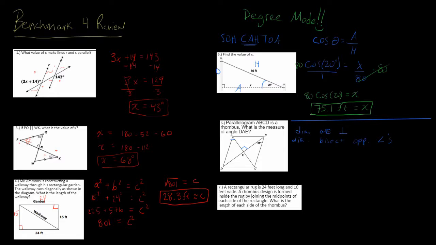Okay, your diagonals bisect opposite angles. So if this is 36, since this angle is being bisected, the other side must be 36 as well. Okay, and we'll have 36's down here.